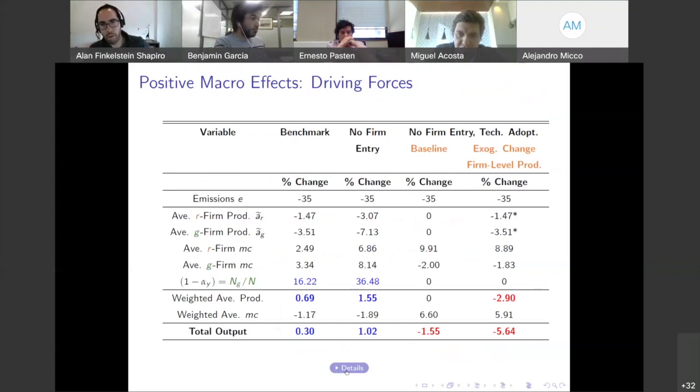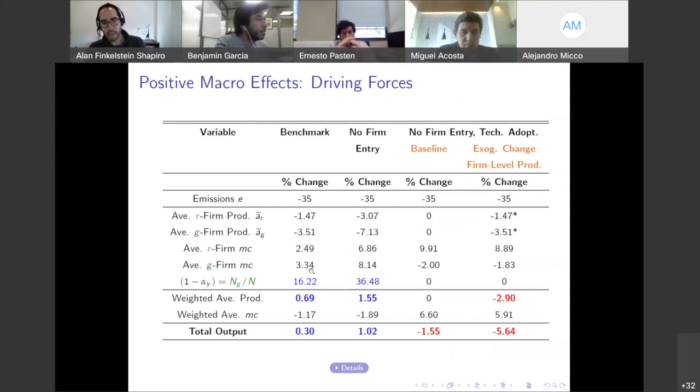For the benchmark model, no firm entry, baseline, and then an exercise that is really going to highlight what's happening here. So at the individual firm level, what you end up seeing is reductions in average productivity. But what you're seeing is a shift towards firms that are on average slightly more productive, although less so compared to the baseline. At the firm level, you also see an increase in marginal costs.